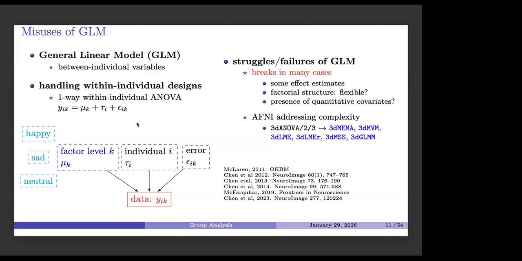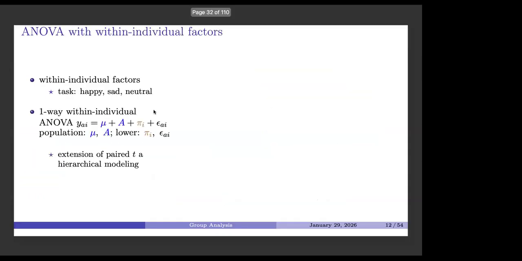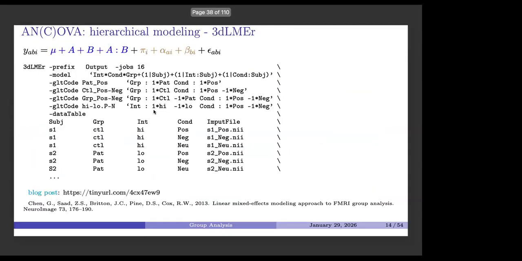If we build the full model with two factors and want to look at each individual factor's main effects, using the full model is also problematic. So it's a whole bunch of problems. Here I'm just using the simplest case with one within-individual factor. Right, let's go back to where we stopped.